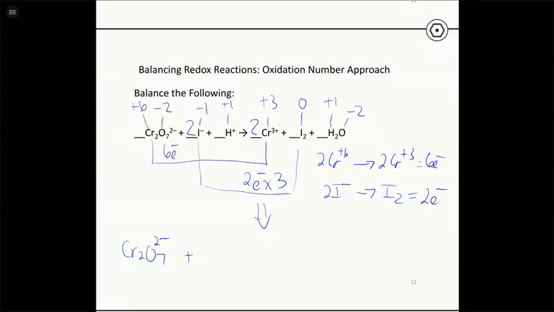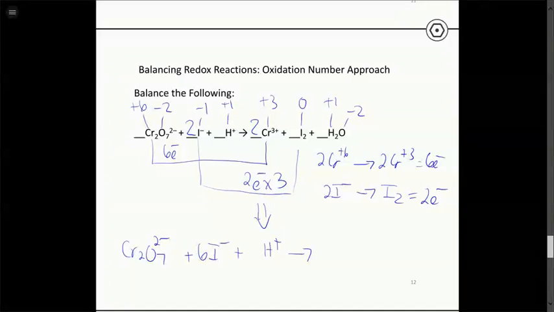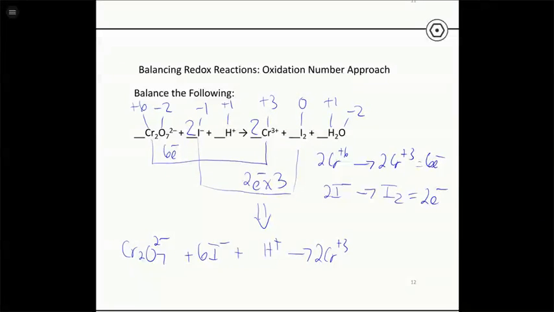We want to convert it into a 6 electron process, so we make that a 6. We have to balance H plus last, and on the product side, we still have just a coefficient of 2 in front of chromium 3 plus. We don't want to adjust that, since that's already 6 electrons. But for I2, we saw that we had to triple the coefficients associated with the I minus to I2 part of the reaction. So that's going to get a coefficient of 3.